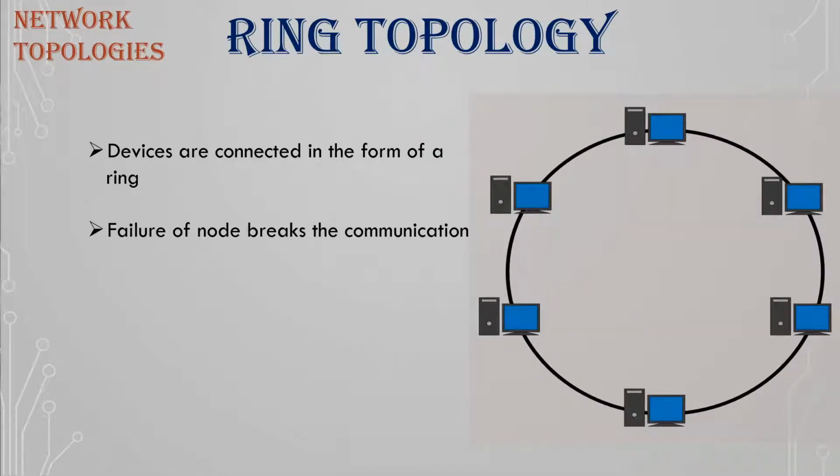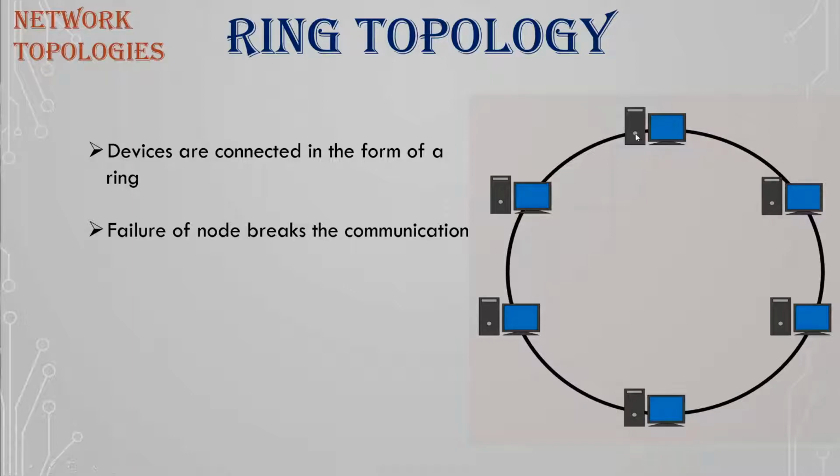Ring topology. As the name indicates, in this topology, the nodes are connected together to form the shape of a ring. Here, every node is connected to two other consecutive nodes directly. Data will travel only in one direction.